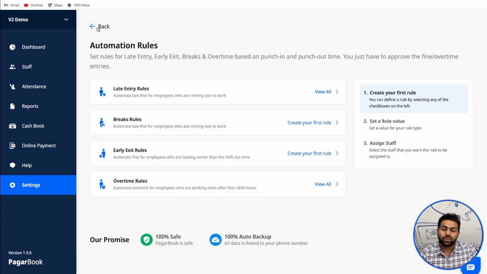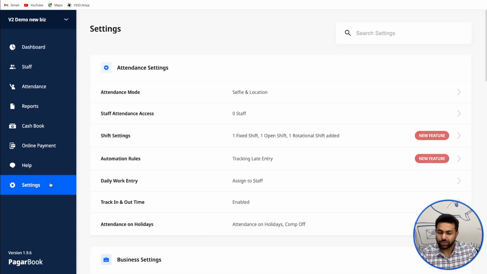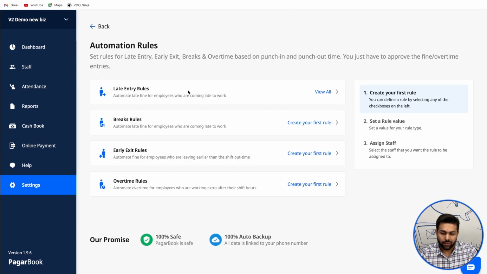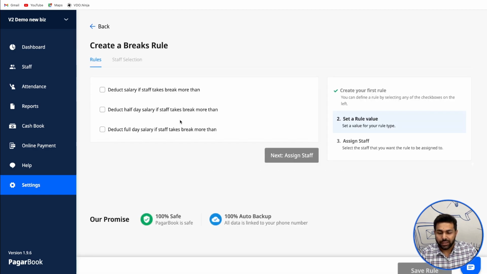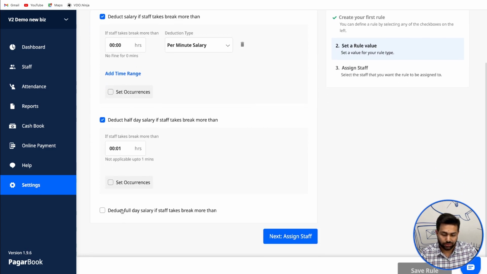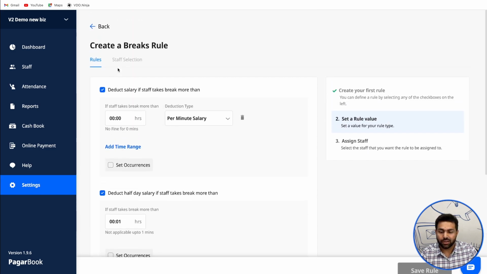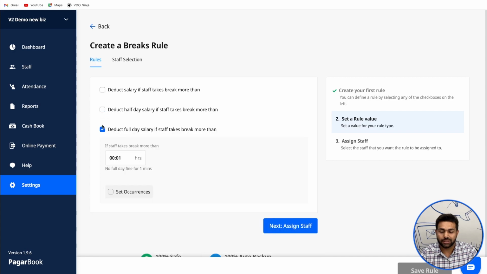So now we do have different rules. So I will take you to another rule, where late entry we already understood. Now when it comes to break, in break also we have the same rules, nothing different. So we are not going much deeper. Here also you will find that there are three options.